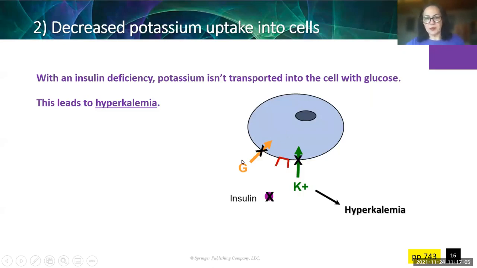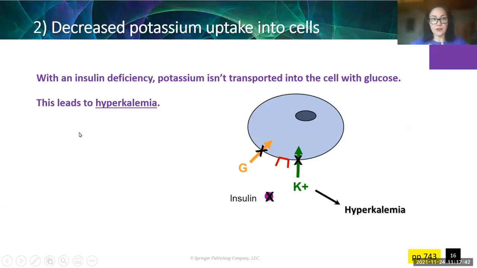We never put the transporters in, so the glucose doesn't come in, but simultaneously, the potassium doesn't come in either. And so the amount of potassium in the body stays the same, but since it's not getting tucked away in the cells where it's supposed to go, what the patient experiences is hyperkalemia, meaning too much potassium in the blood. The emia part tells you it's in the blood, it's in the extracellular fluid. And that's going to have some consequences, as we shall see.